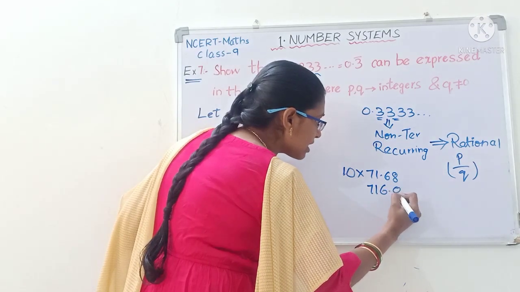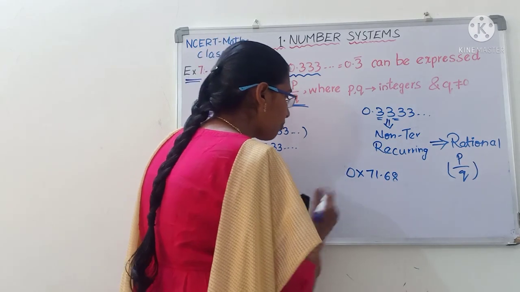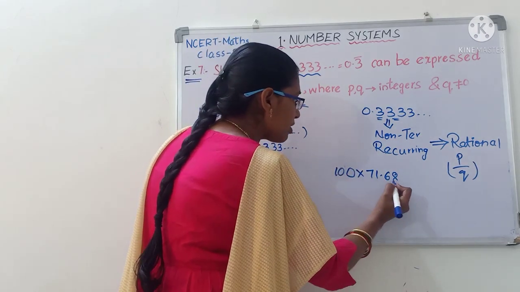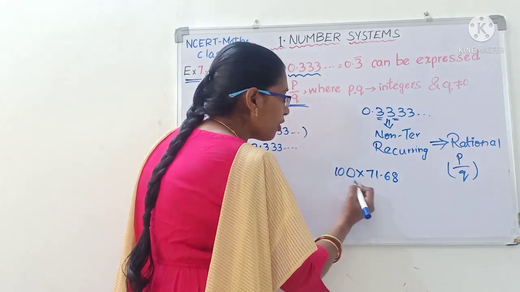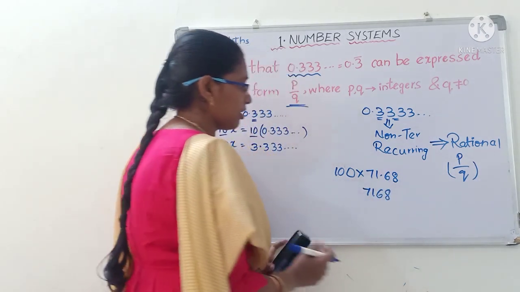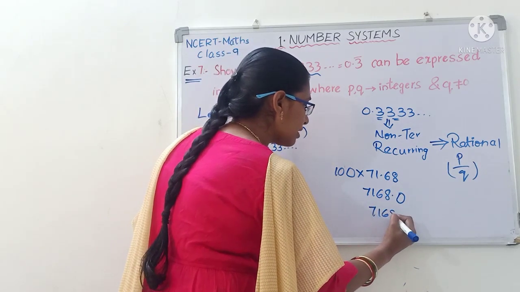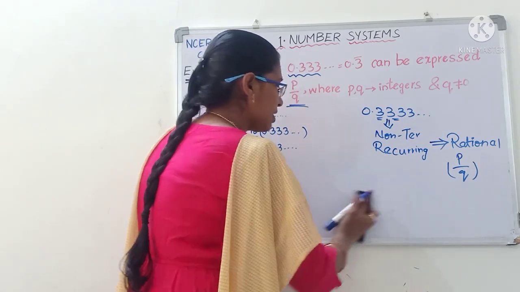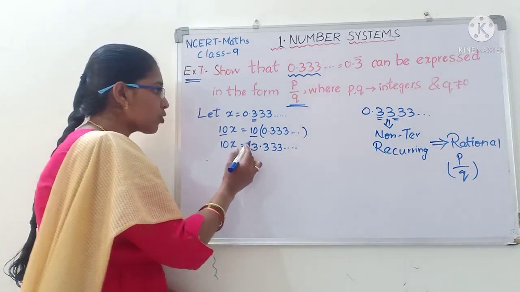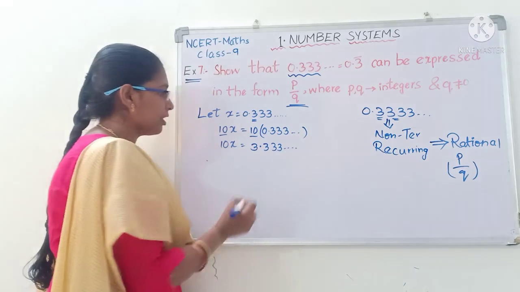It will become 716.8. If it is 100 into 71.68, the decimal point will move 2 digits to the right. It will become 7168.0, that means 7168. This you all know. So 10 into 0.333 and so on is 3.333.